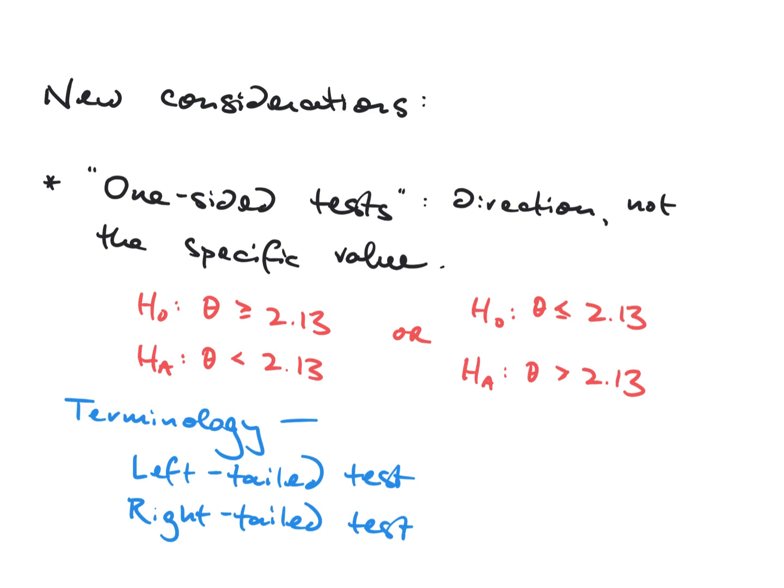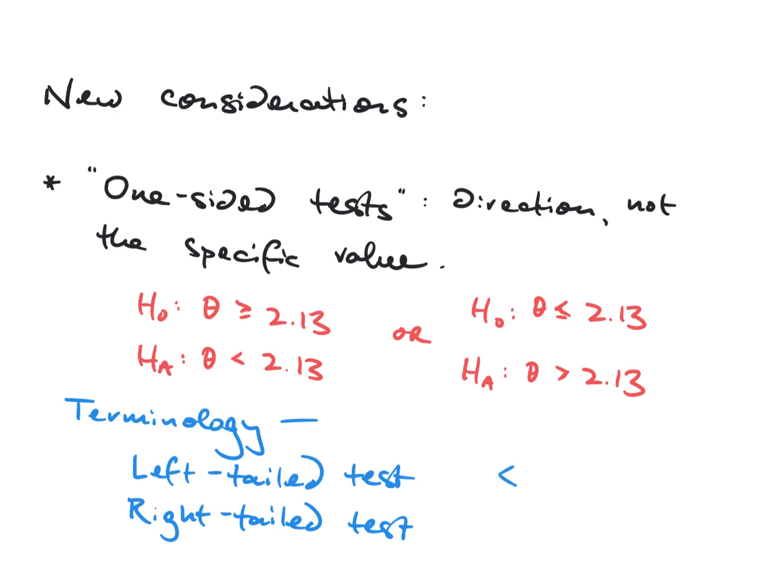Okay, left tail and right tail test. Okay, it's referring to what shows up in the alternative hypothesis, and left tail means less than.